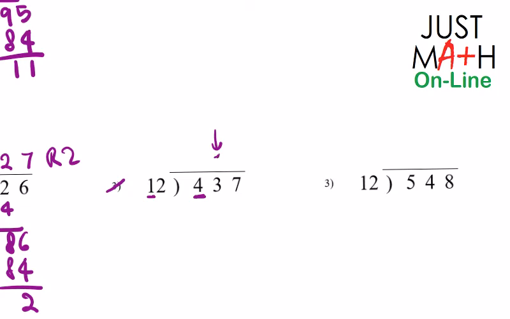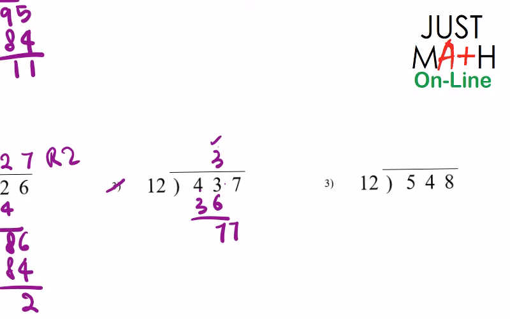This number here should be less than 4. So we try 3 first. 3 times 2 is 6. 3 times 1 is 3. 13 minus 6 is 7. 7 is less than 12, so that number is okay already. This figure is correct.